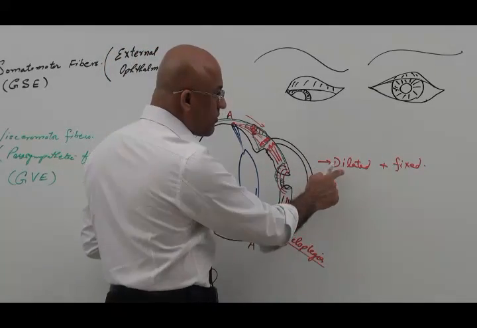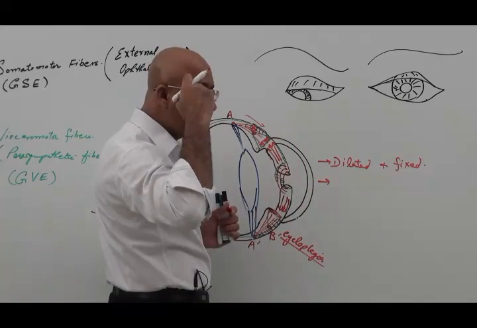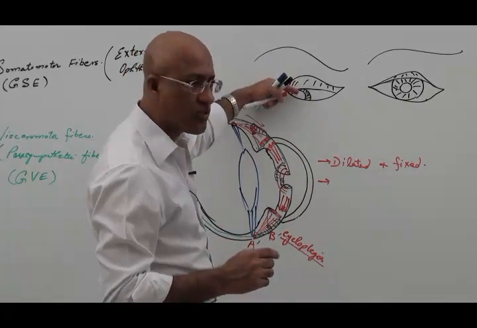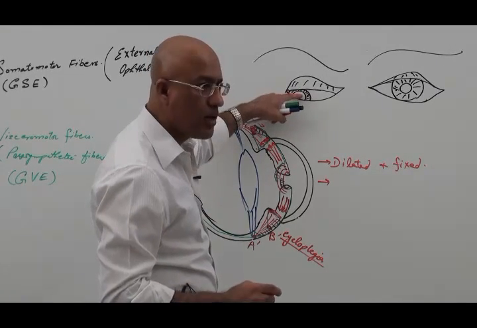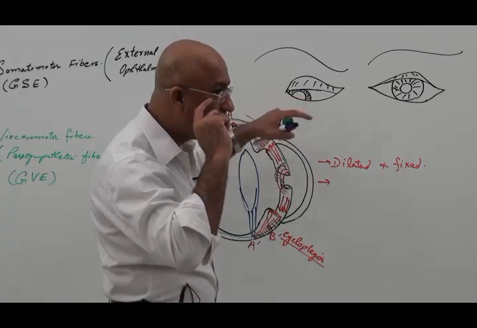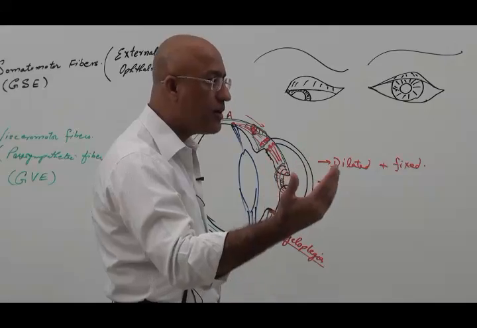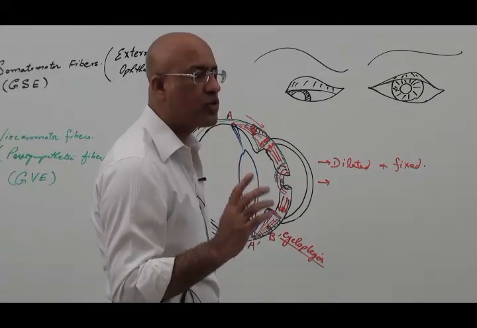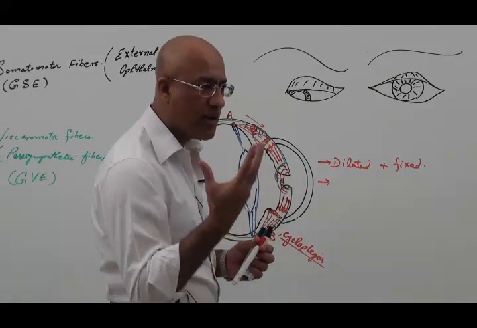Remember, when the pupil becomes dilated, when there is excessive light, if there is not too much ptosis, and there is partial ptosis and the pupil is still visible, then in bright light there is excessive light going into the eye, and that may produce a glaring, uncomfortable feeling.